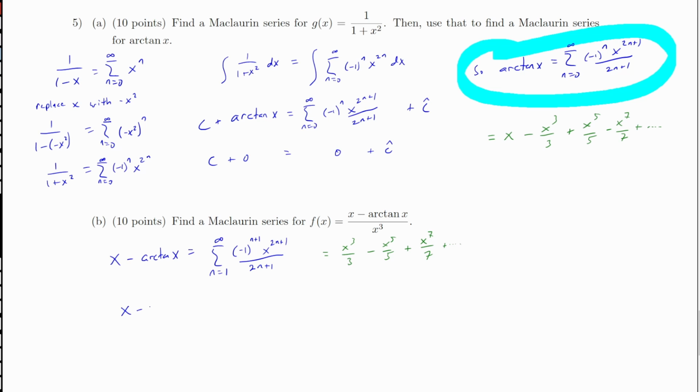Okay, now we'll divide by x cubed. So I have x to the 2n plus 1 over x cubed. When I divide, I can subtract the exponent, so 2n plus 1 minus 3 will be 2n minus 2.